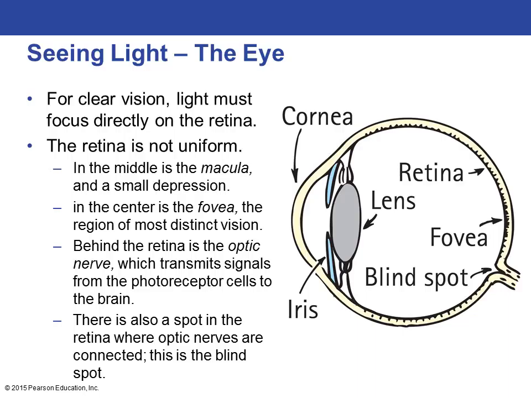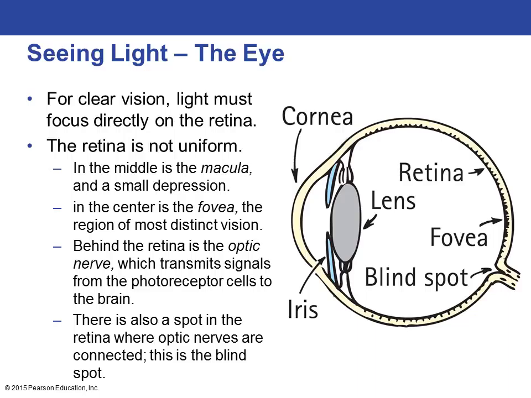So for clear vision, the light must focus directly on the retina. So the light needs to come in, be bent by the lens, and have a direct hit on the retina. Otherwise, you will get that fuzzy vision.